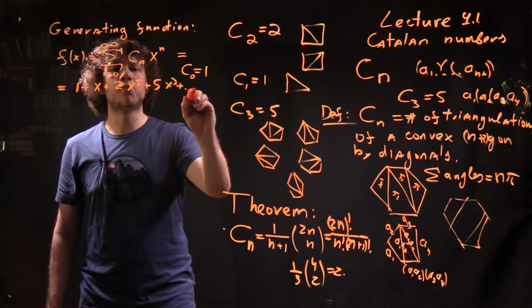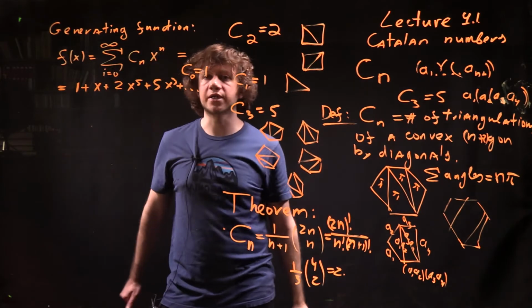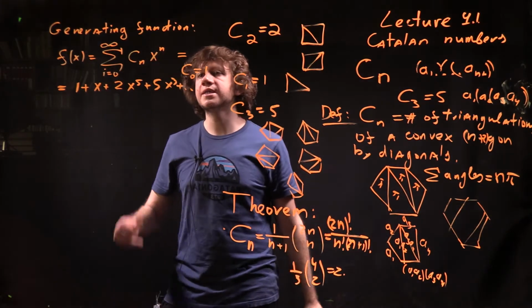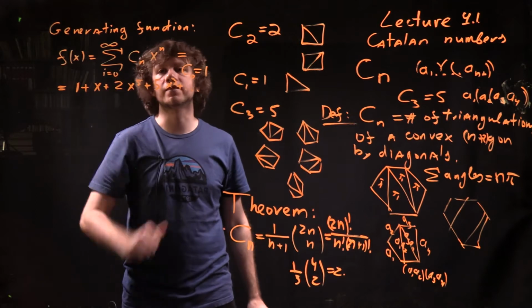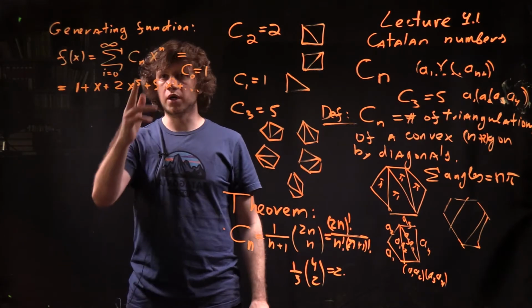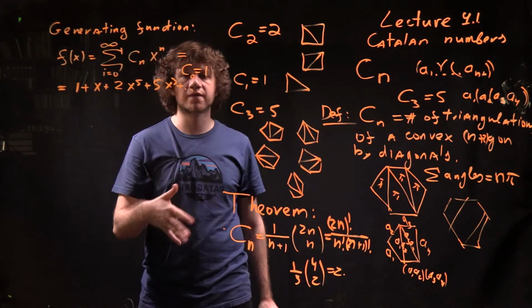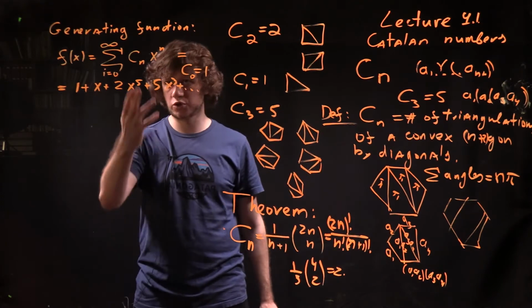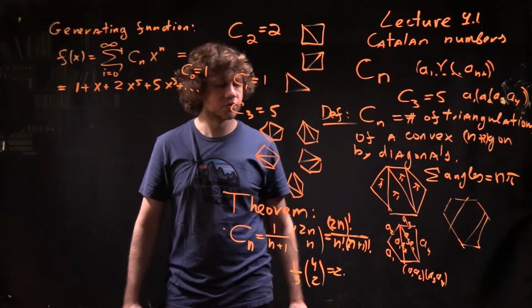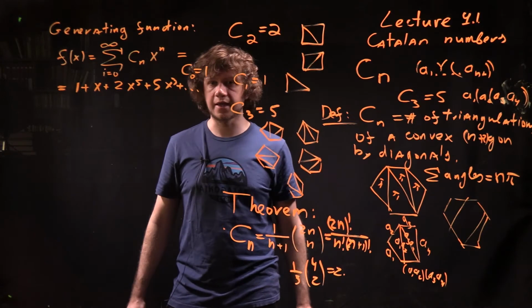So how can one possibly find a generating function for a sequence? Of course, the idea is to use some kind of recurrence relation. So probably these numbers C_n satisfy a certain recurrence, which would also help to compute them. And indeed, this is the case.